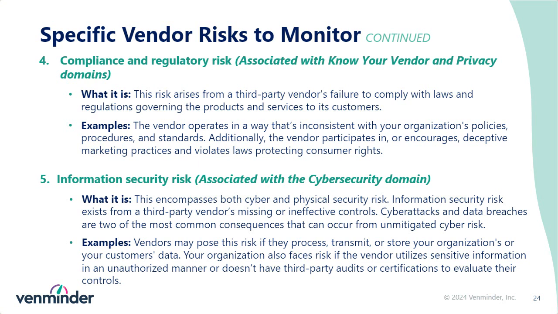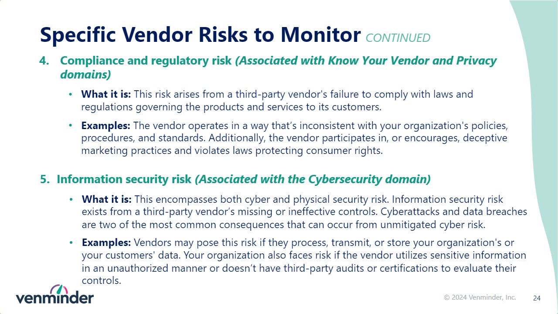So a few examples: the vendor operates in a way that's inconsistent with your organization's policies, procedures, and standards. Additionally, the vendor participates in or encourages deceptive marketing practices, or violates laws protecting consumer rights.